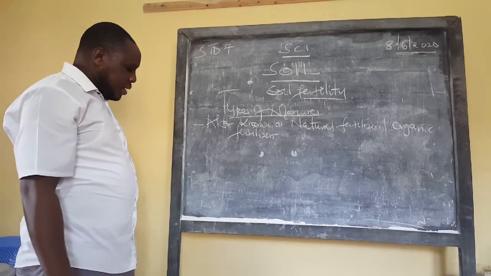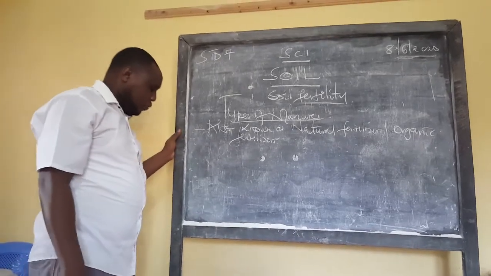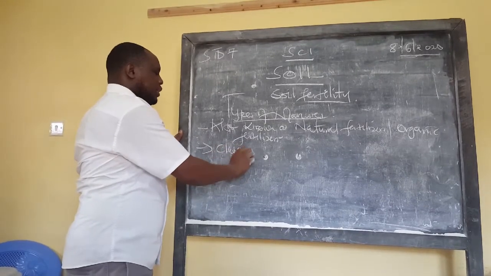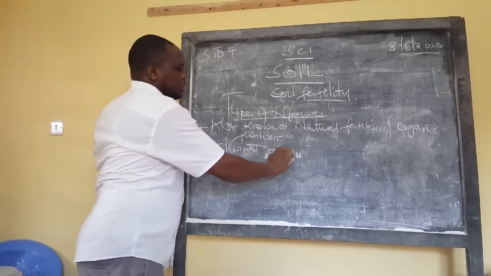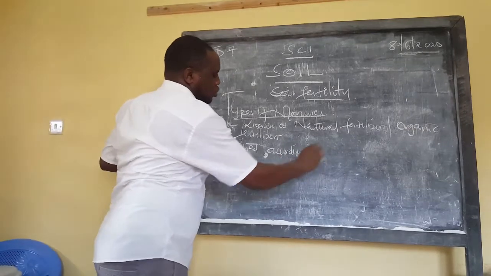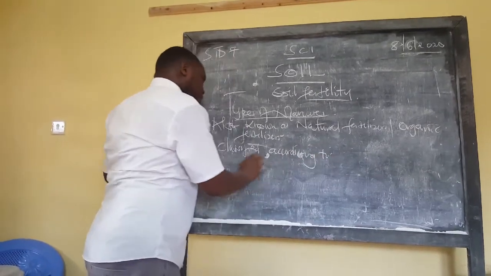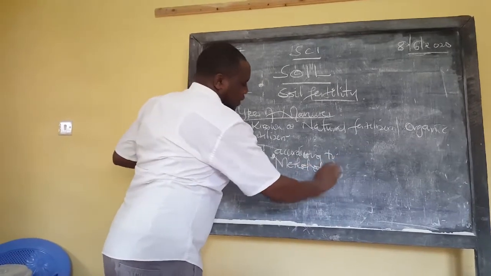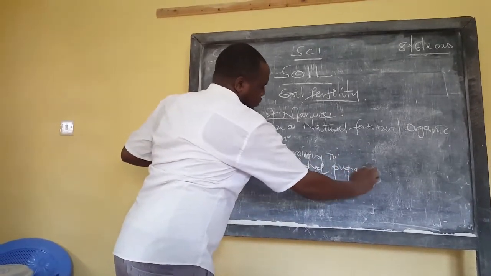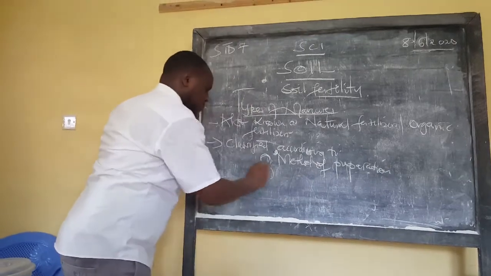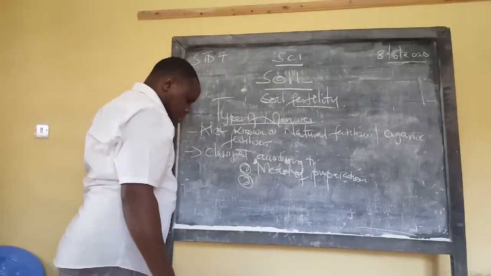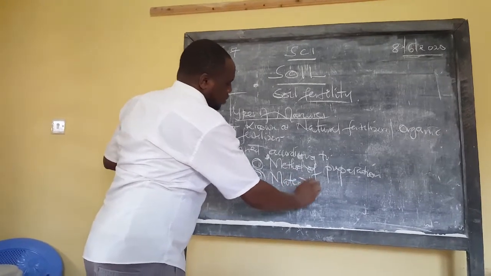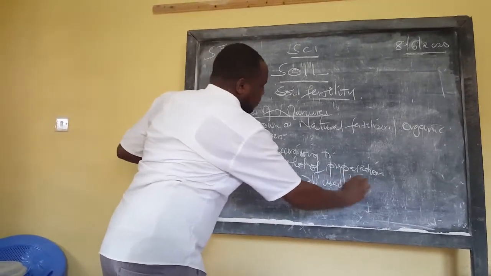So manures are 4. I'm going to mention 4, and they are classified according to number 1, the method of preparation, and number 2, materials used to prepare them.